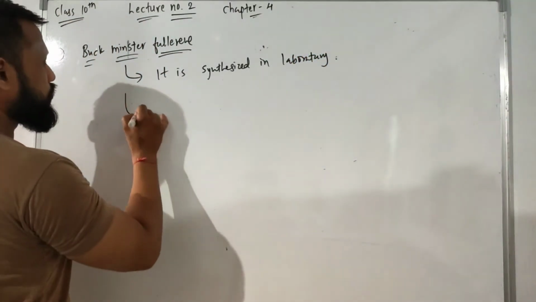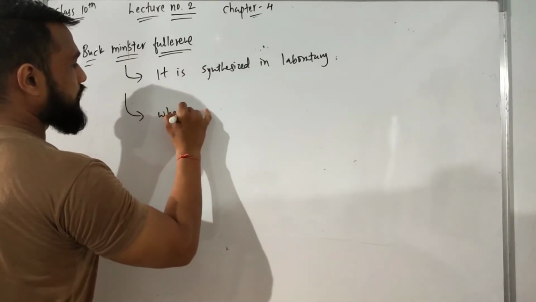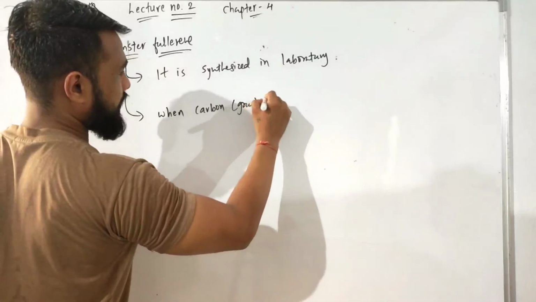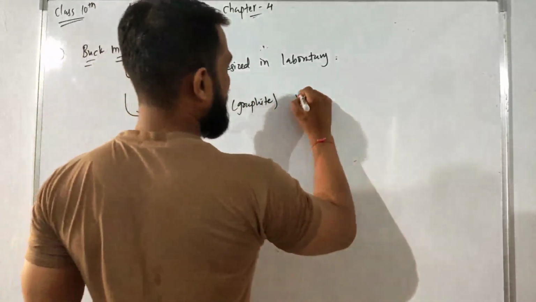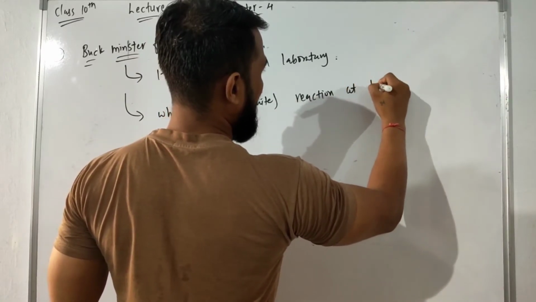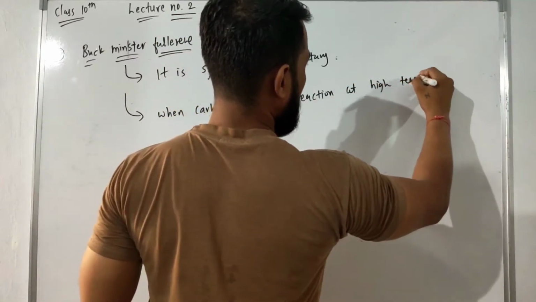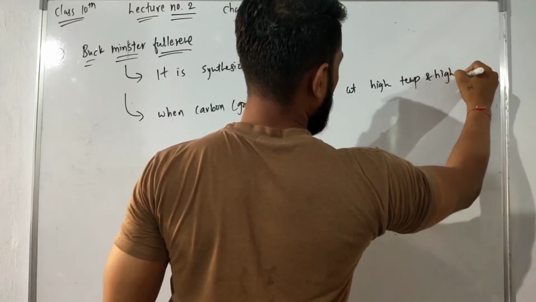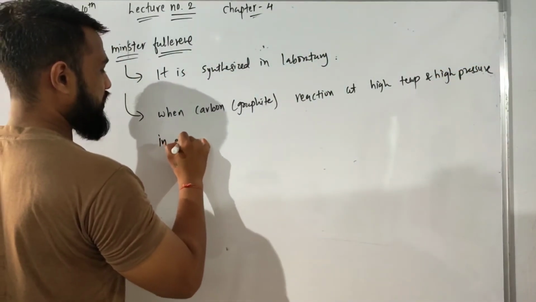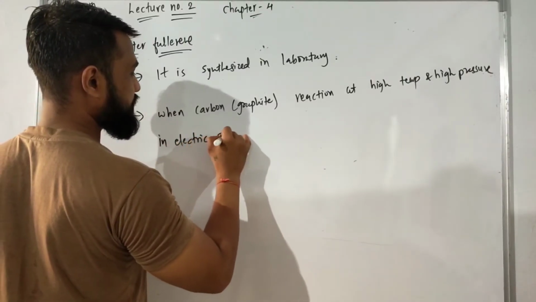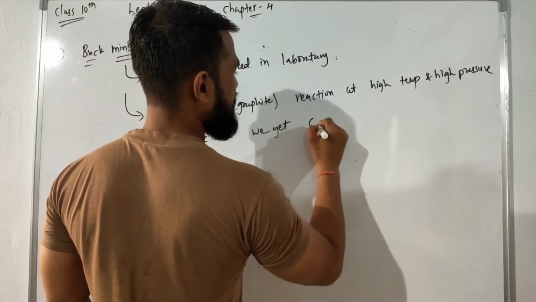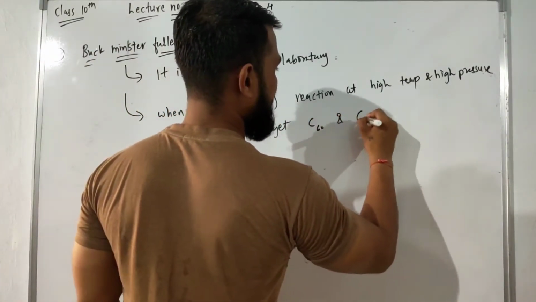Okay, how? When carbon, that means graphite, we use graphite, reaction at high temperature and high pressure in an electric arc, we get C60 and C70.